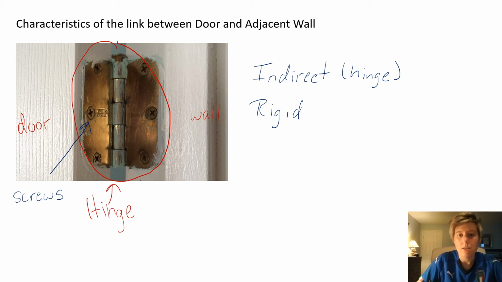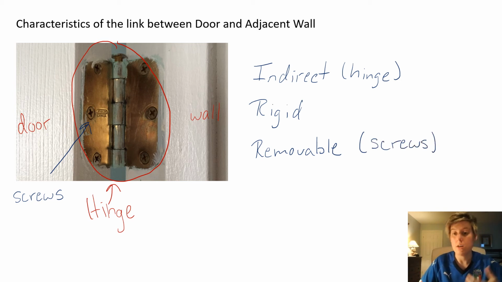It is, in this case, removable. The key thing I need to remember is that my hinge has screws, and screws make the material removable. Let's say, for instance, the hinge was attached to the door with nails. Then that would be non-removable, because nails are used for a permanent type of link.